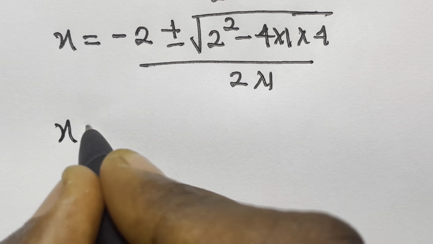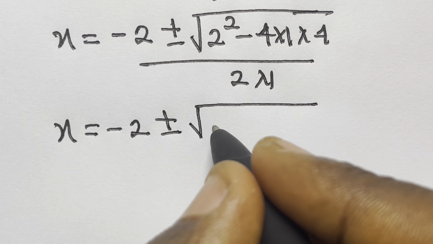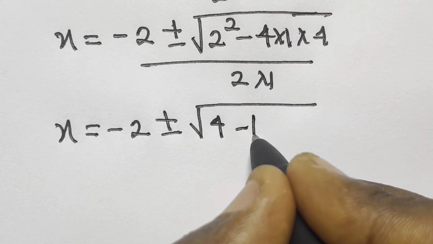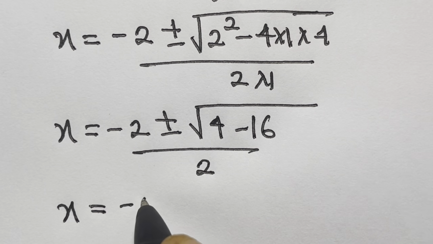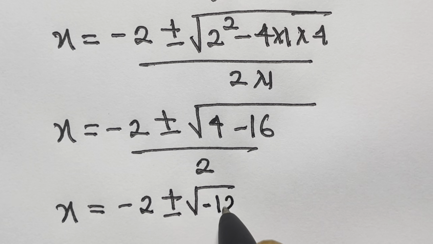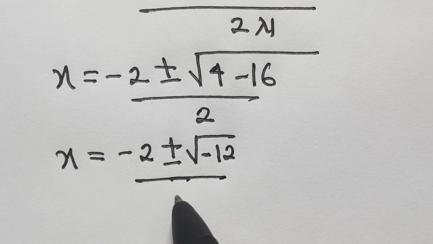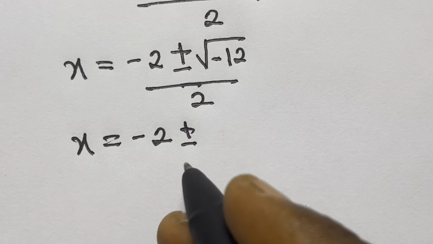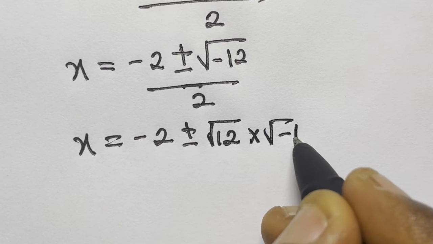So we have x equals minus 2 plus or minus square root of 2 squared, which gives us 4, minus 4 times 1 times 4, that is minus 16, divided by 2. So we have x equals minus 2 plus or minus square root of minus 12, divided by 2.